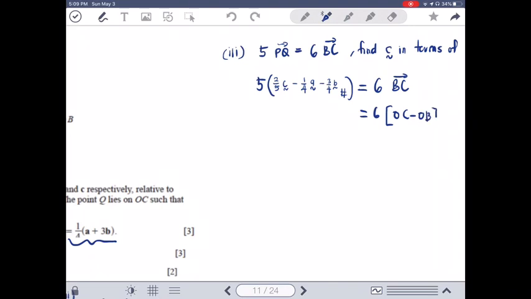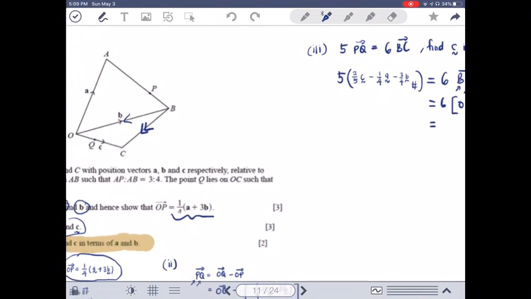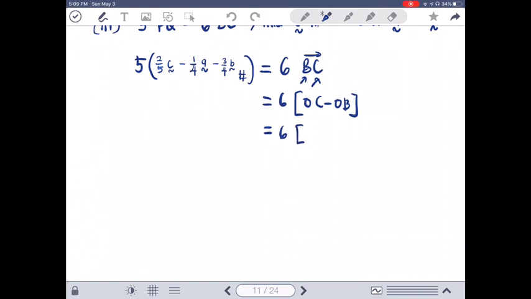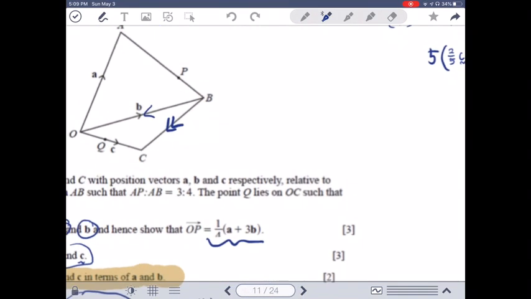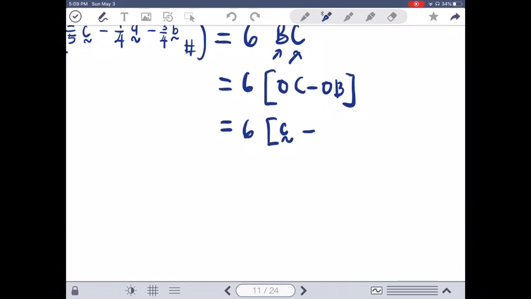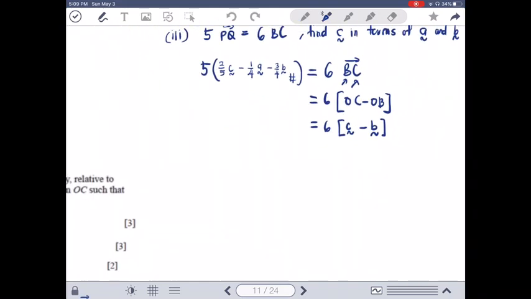OB, back minus front. OC is just C, minus OB, which is B. So we need to expand and rearrange. Here multiply 1 by 1.